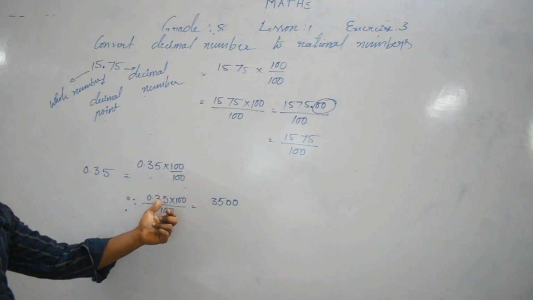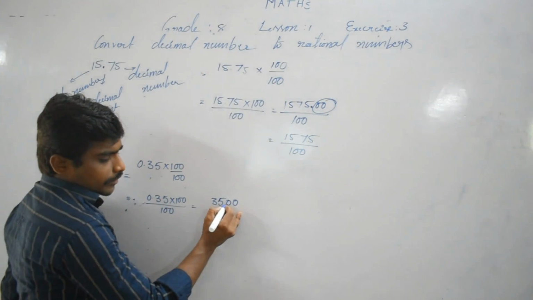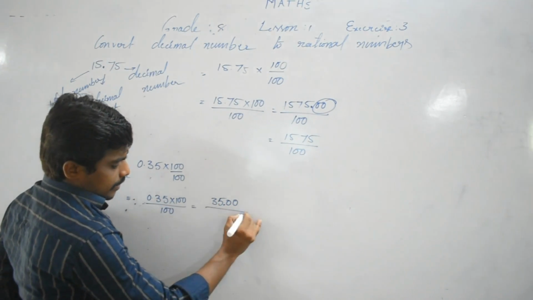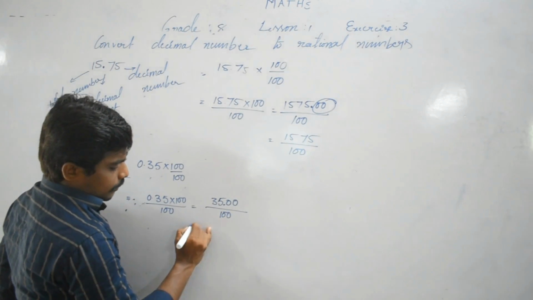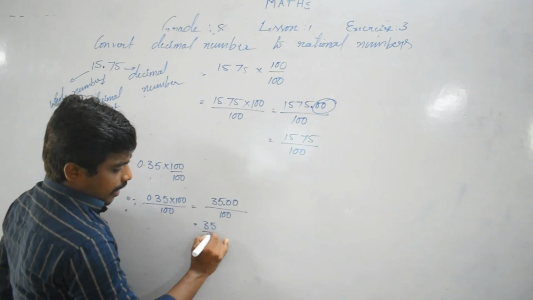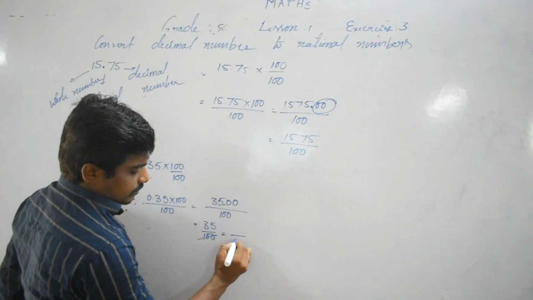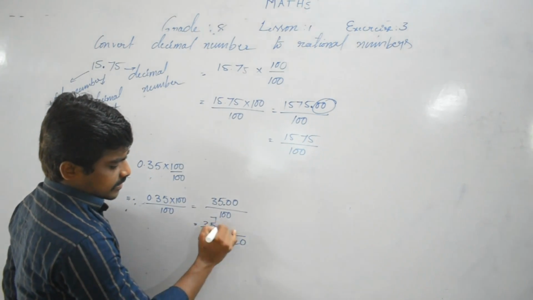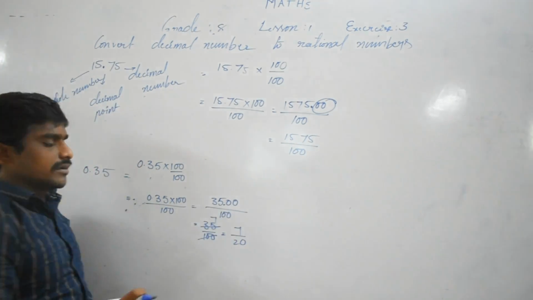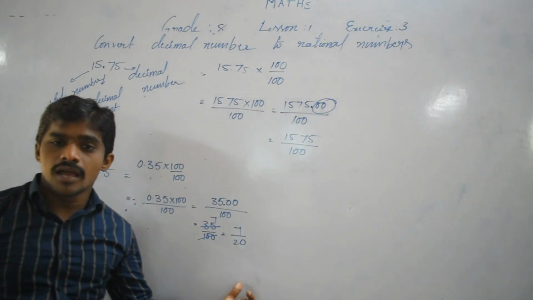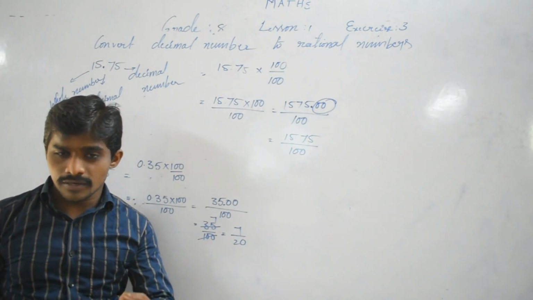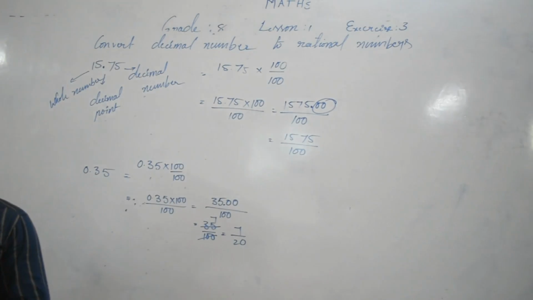So after the point two numbers, 35 by 100. Then 5 fives are 5 and 5 twenties are 100, so 7 by 20. That is a rational number. Now clear? Copy this one.